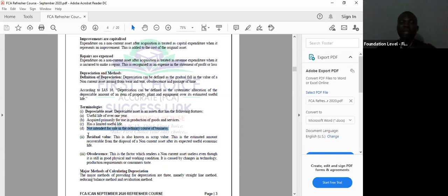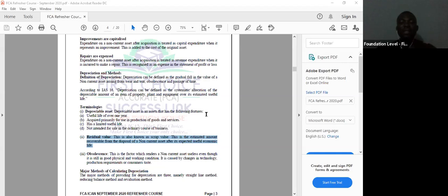Then we have what we call residual value. Residual value is also known as scrap value. It is the estimated amount recoverable from the disposal of a non-current asset after its expected useful economic life. When you have used an asset and you decide to dispose of that asset, the amount that you will receive from it is what we call residual value.